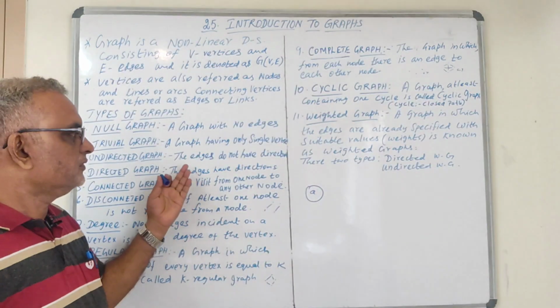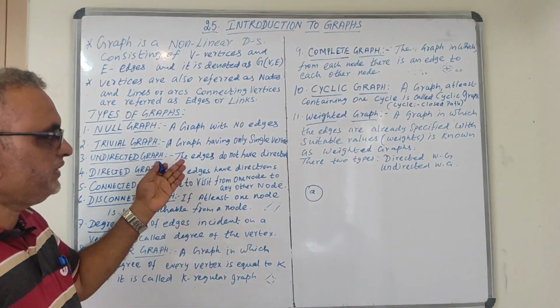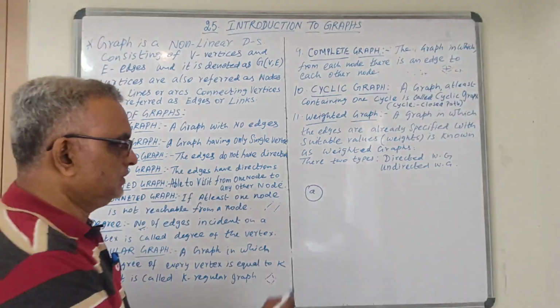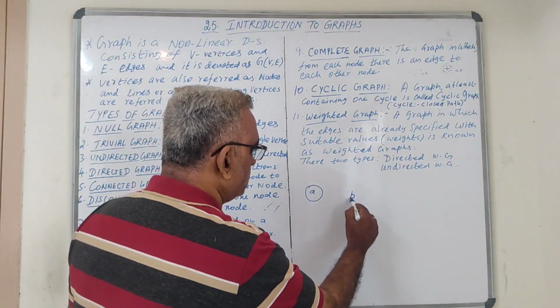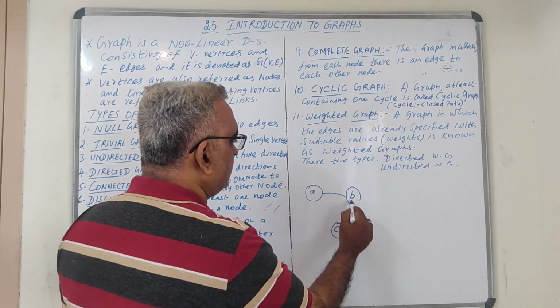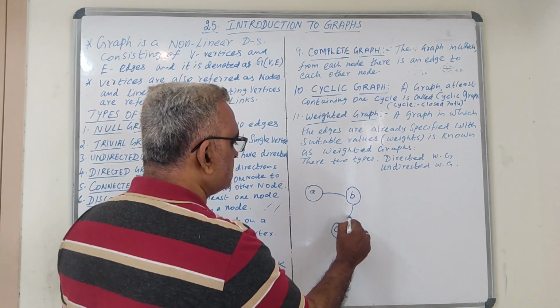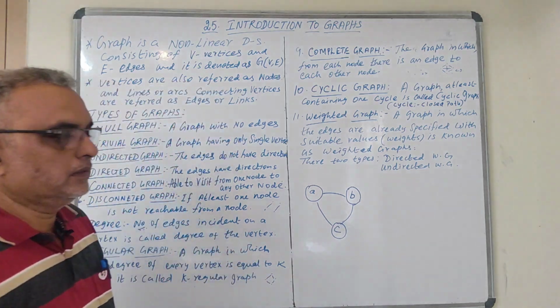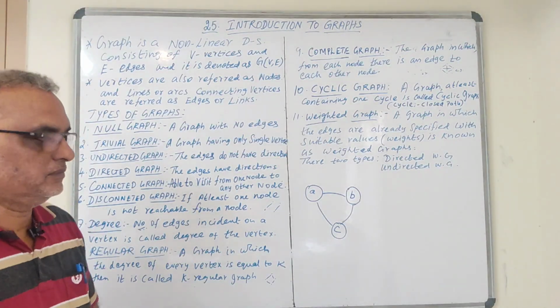Number 3, undirected graph. A graph in which the edges do not have any direction. See, this is one vertex, this is another vertex, and we are connecting all these vertices, but there is no direction.